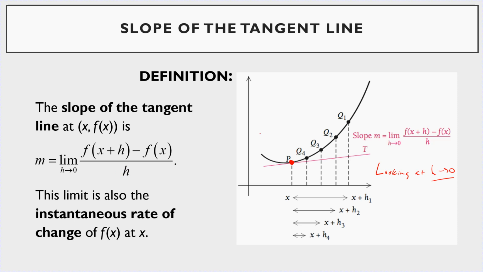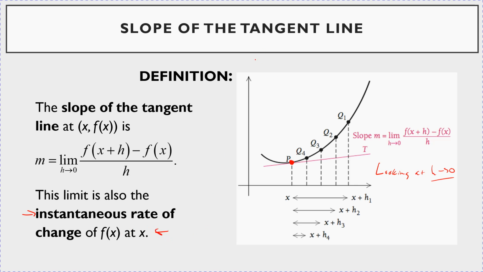So the slope of this tangent line is given by the following: m is equal to the limit as h goes to 0 of f of x plus h, minus the function without the plus h, f of x, divided by h. This limit is also called the instantaneous rate of change of the function at that point.